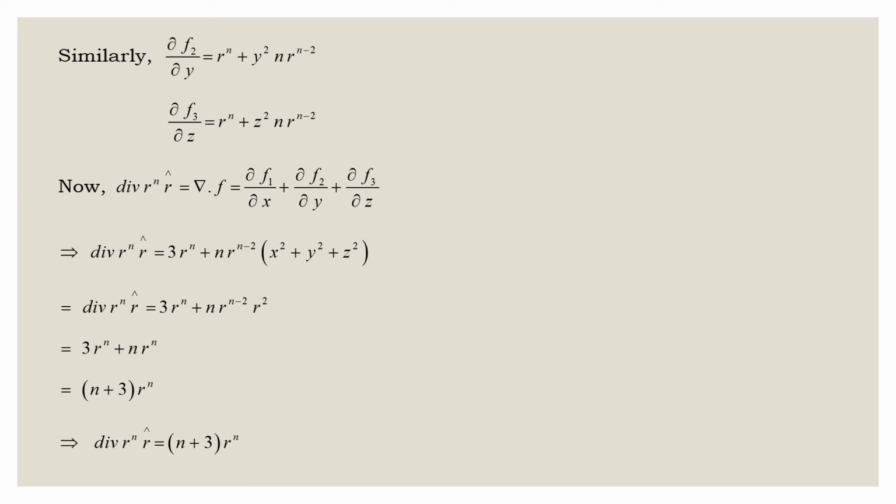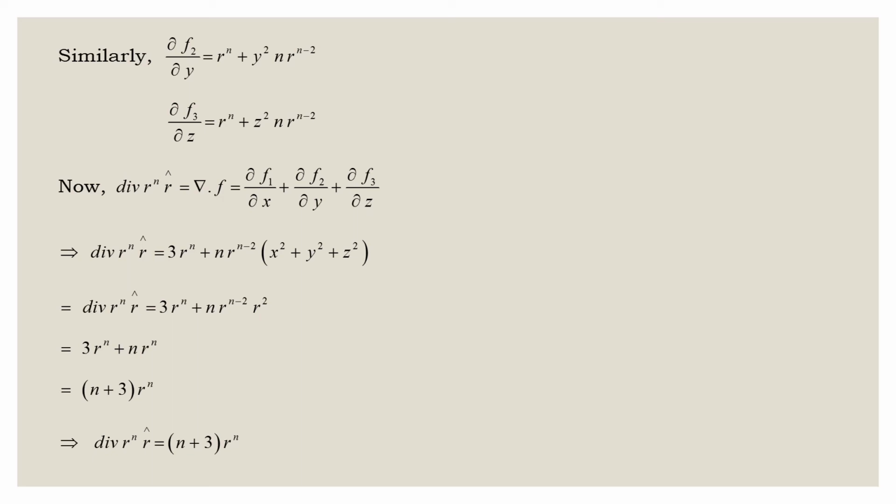If we plug in the value of x² plus y² plus z², here we get divergence equals 3r^n plus n r^(n-2) times r², because x² plus y² plus z² equals r².